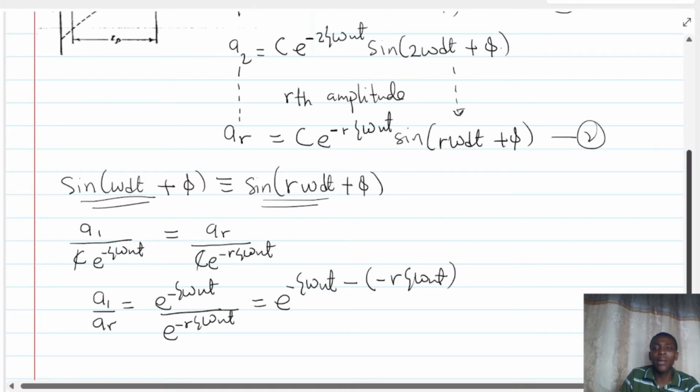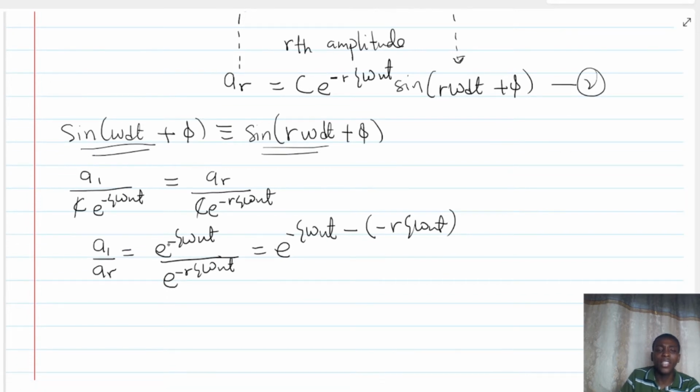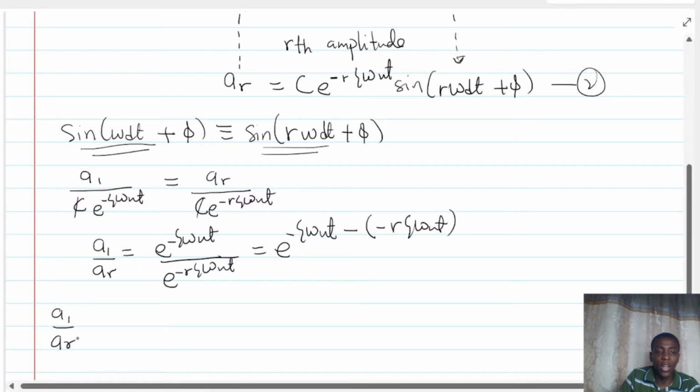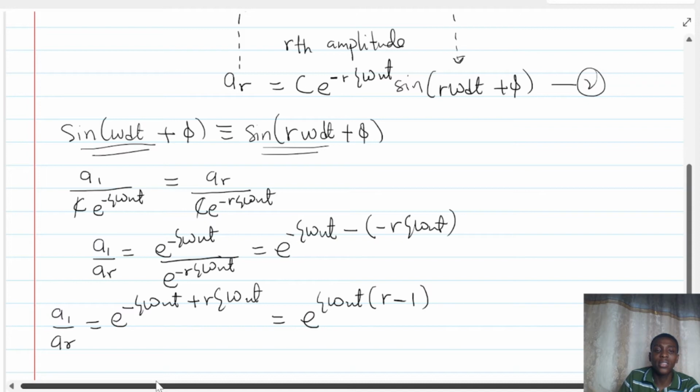So we are just playing around with our indices, isn't it? If I have e raised to some power divided by e raised to some power, I can bring it up and subtract: if the indices are dividing, they are actually subtracting. So A1 over Ar is e^(-ζωn t + rζωn t), which is the same as e^(ζωn t (r - 1)).